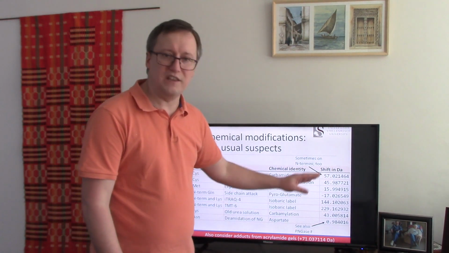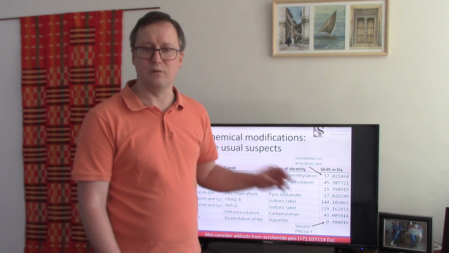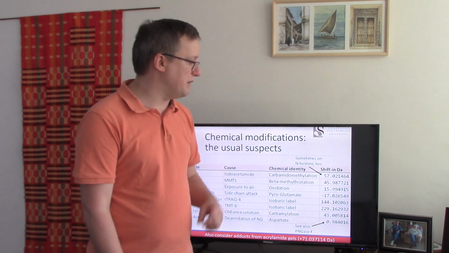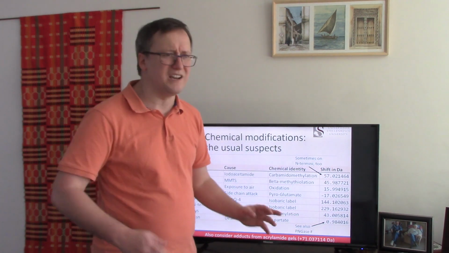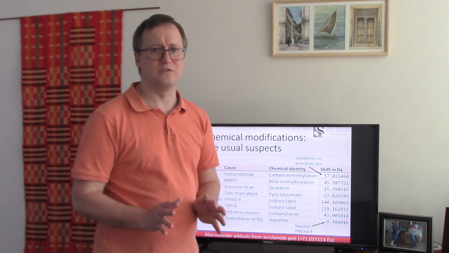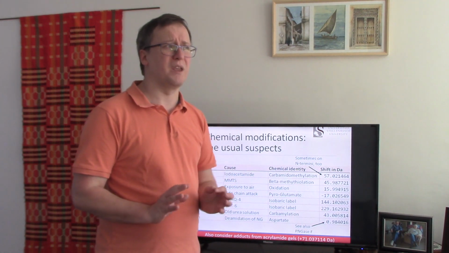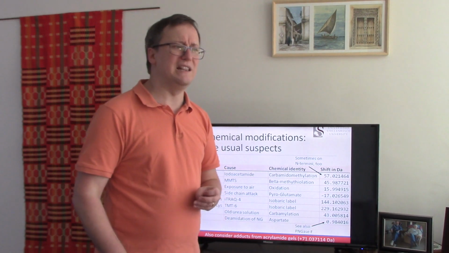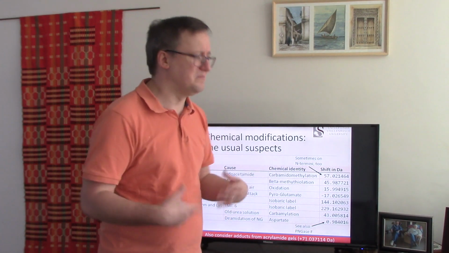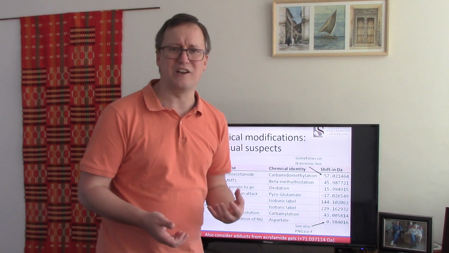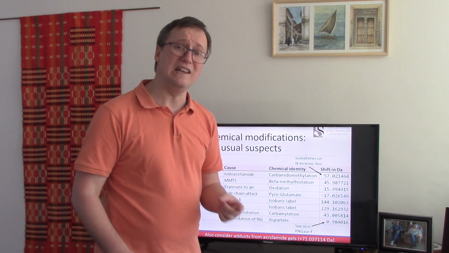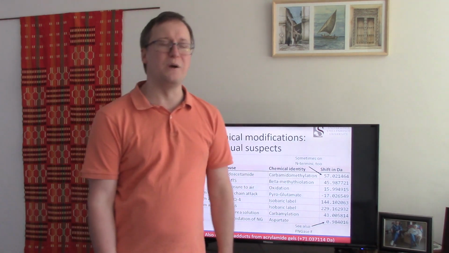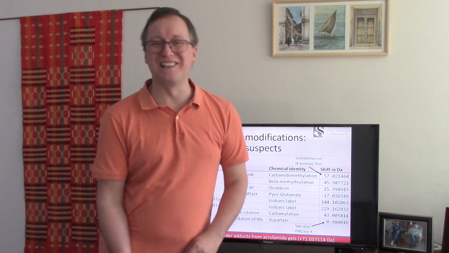Now I note that these are kind of canonical mass shifts that we all think about, but sometimes they show up in other guises. So I would first start with iodoacetamide because it is so widely used. There are some people who put rather a lot of iodoacetamide in their samples, and they may leave it to marinate in that iodoacetamide a little long, and this can lead to over-carbamidomethylation.